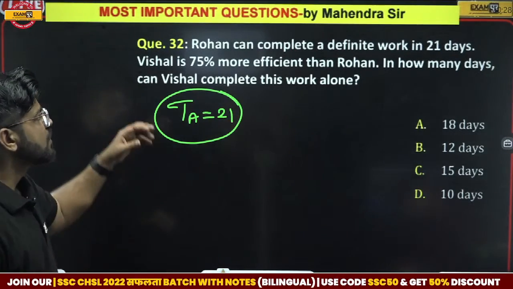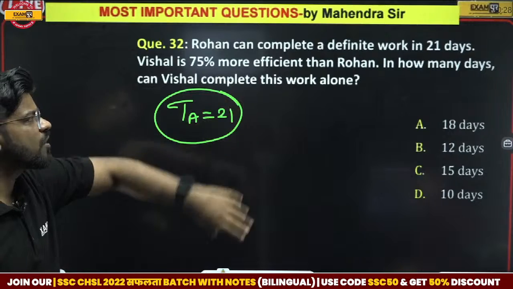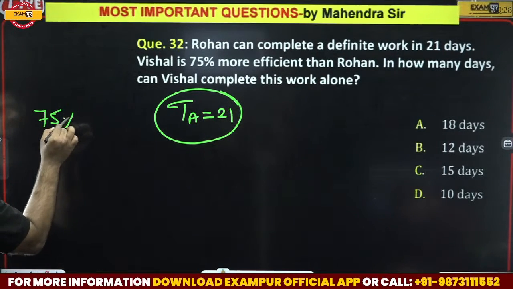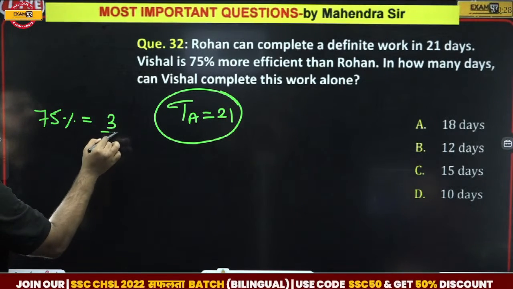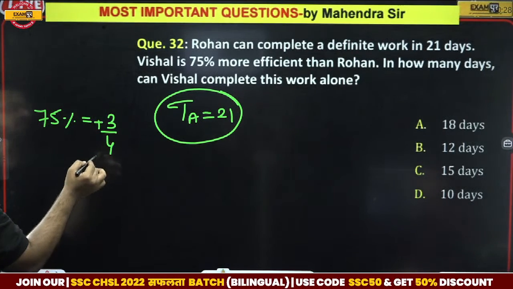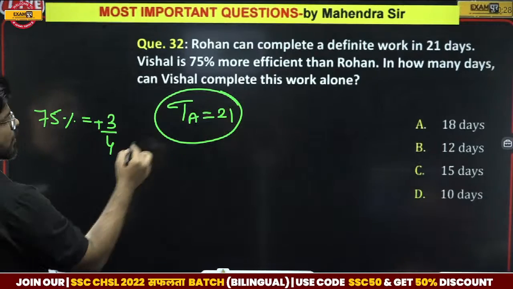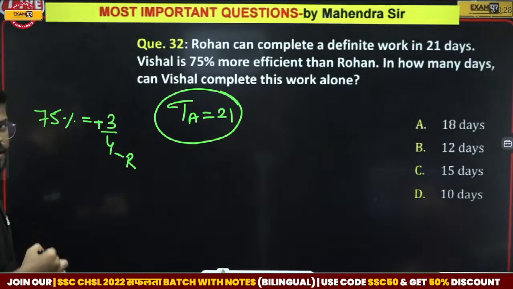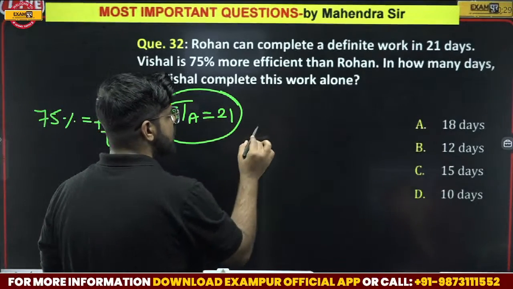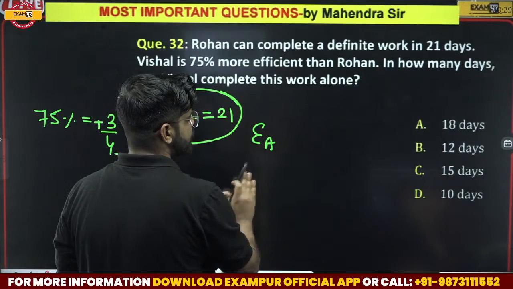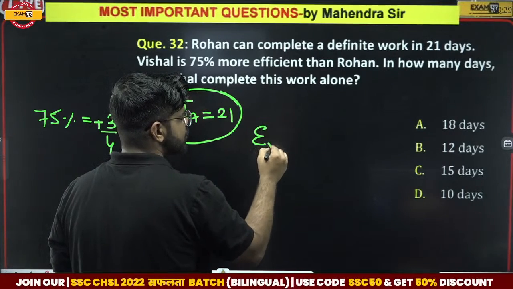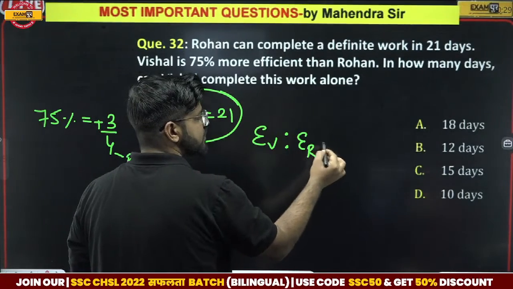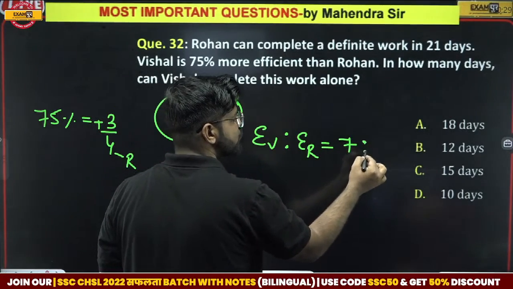Clear? Vishal is 75% more efficient than Rohan. How do you write 75%? 75% is 3 by 4. More means more than Rohan. So this is Rohan and Vishal is 3 more than Rohan. So the ratio of efficiency of Vishal to Rohan is 7:4.